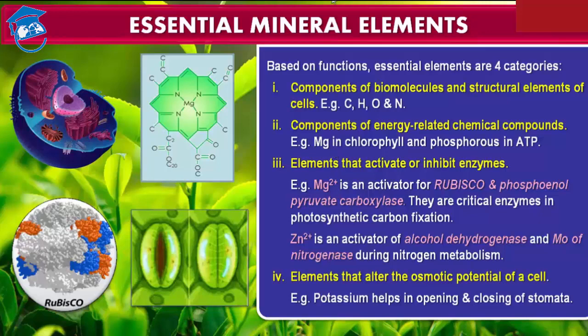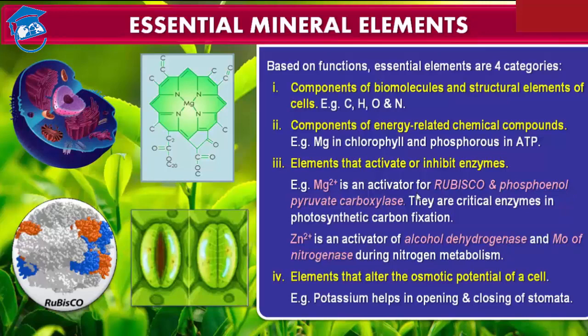Third is elements that activate or inhibit enzymes. For example, the magnesium ion is an activator for rubisco and phosphoenol pyruvate carboxylase. These are the two critical enzymes used in photosynthetic carbon fixation, students.